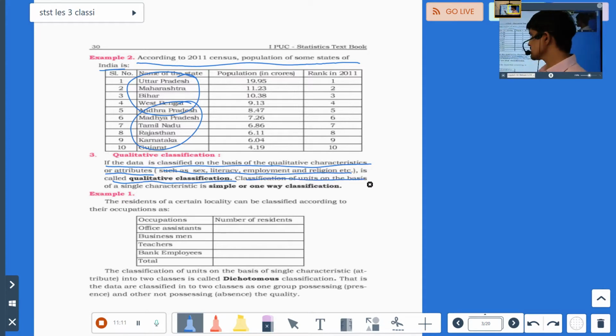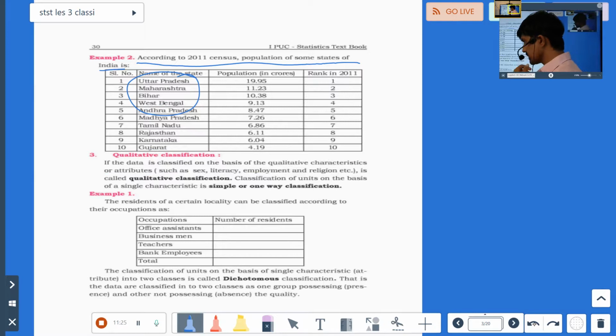Classification of units on the basis of a single characteristic is a simple or one-way classification. Now, in the example, the residents of a certain locality can be classified according to their occupation. Residents means someone living there. Take the example of your colony.